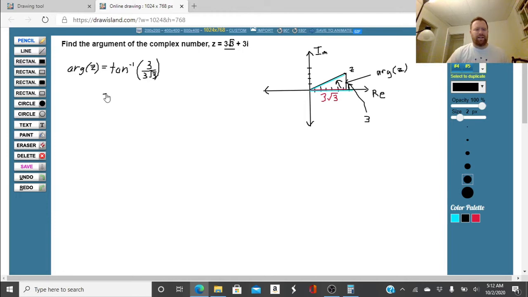And we can simplify that a little bit. The 3's will cancel out, so you're going to get the inverse tangent of 1 over the square root of 3. Okay, so let's take this calculator back out.